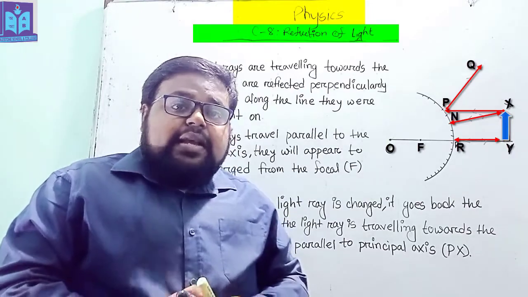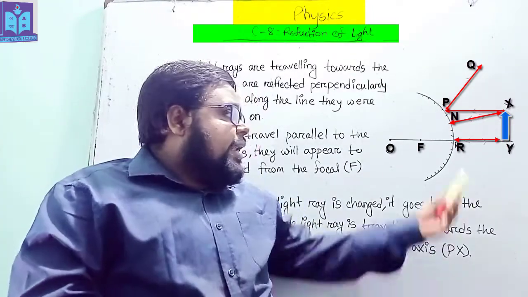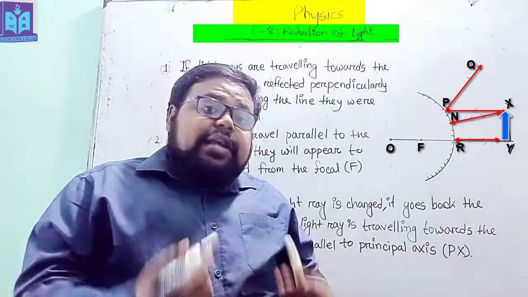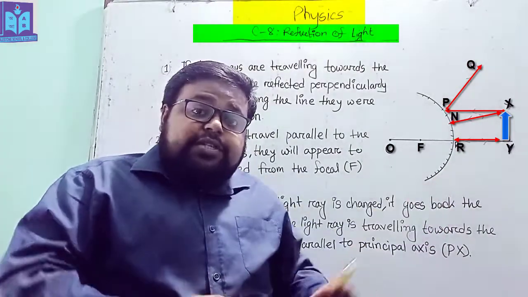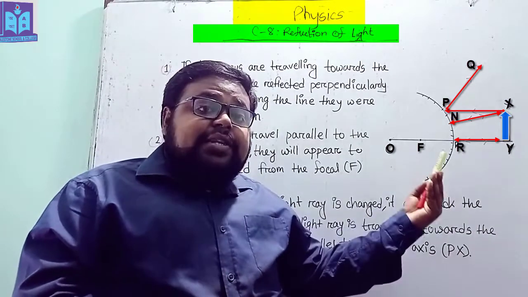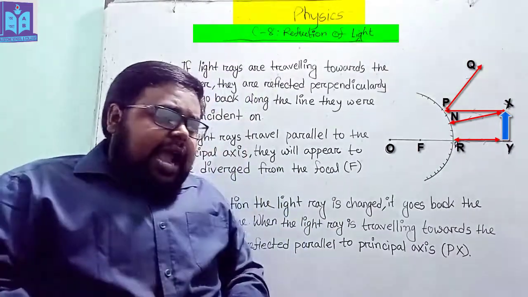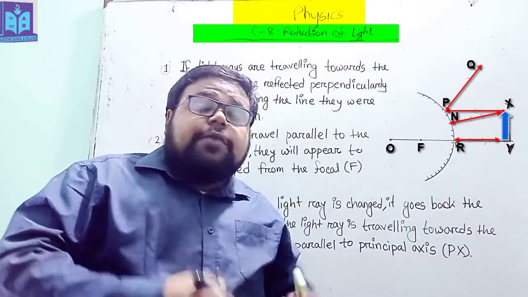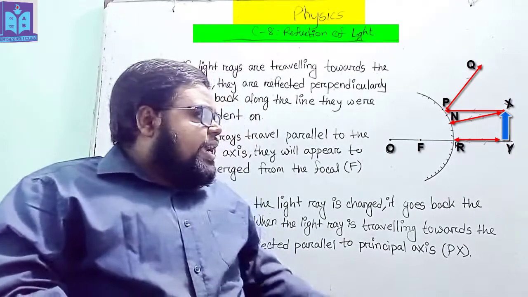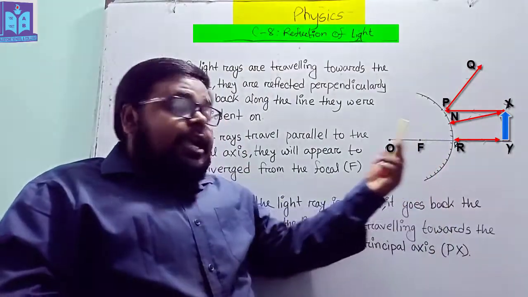Dear student, now I will show you how the image will form in a convex mirror. But to understand how the image will form in a convex mirror, at first we have to understand how the light will reflect on a convex mirror. And if we know the rules of reflection for 3 special light rays, then it will be very easy for us to understand how the image will form.